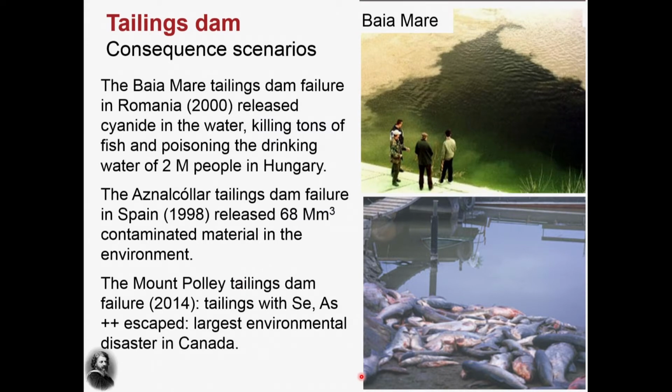The Aznalcóllar dam in Spain also released 68 million cubic meters of contaminated material in the environment. And just recently, in 2014, the Mount Polley failure was the largest environmental catastrophe in Canada, and selenium and arsenic and many other pollutants were released.